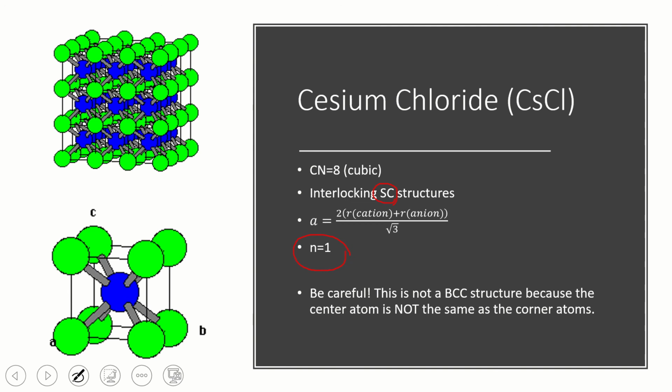Now, you must be careful with this one, because even though it looks a lot like a BCC structure, it is not a BCC structure. A BCC structure is for metal crystal structures because it is formed of only one type of atom. But in this case, the center atom is not the same as the corner atoms. So it is not BCC, it is cesium chloride.